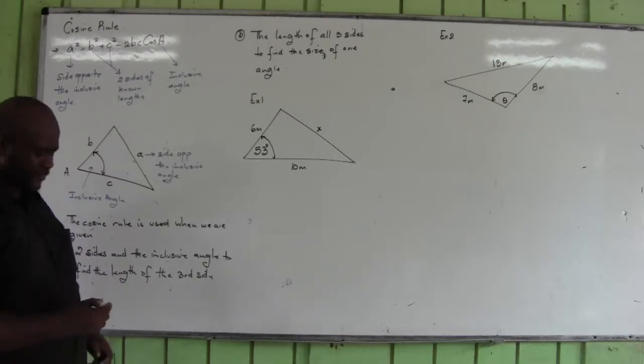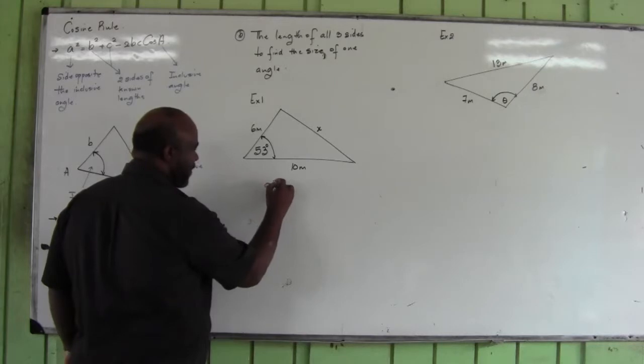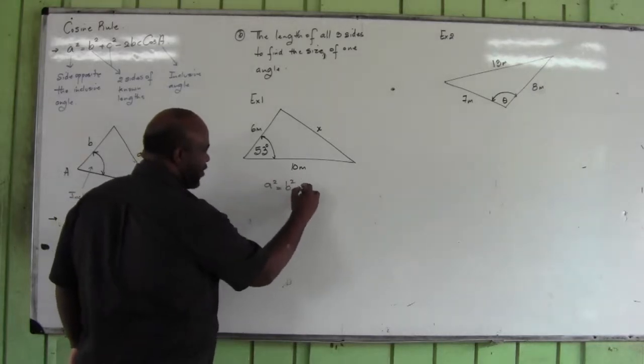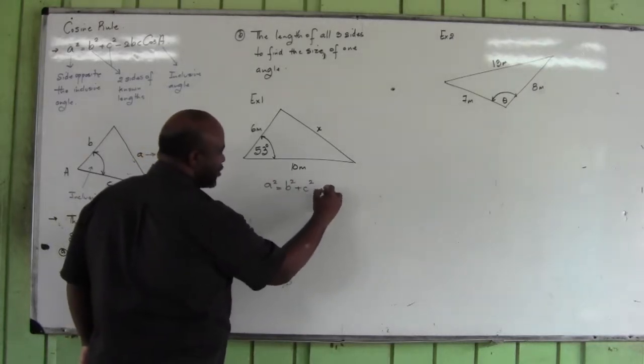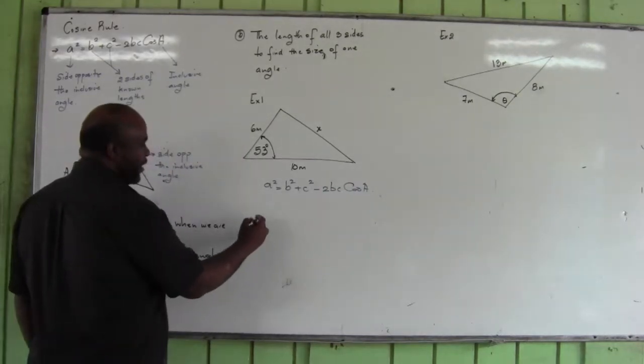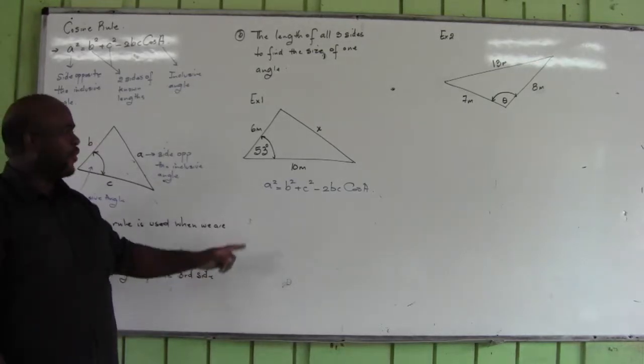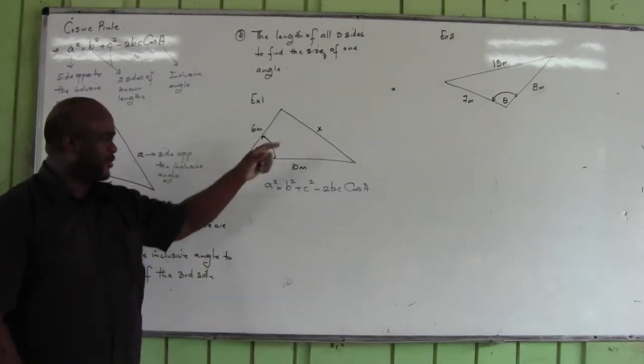So let's write it. The cosine rule: a squared is equal to b squared plus c squared minus 2bc cosine A. In the formula, a is the side opposite the inclusive angle. What is the side opposite from the inclusive angle? x.